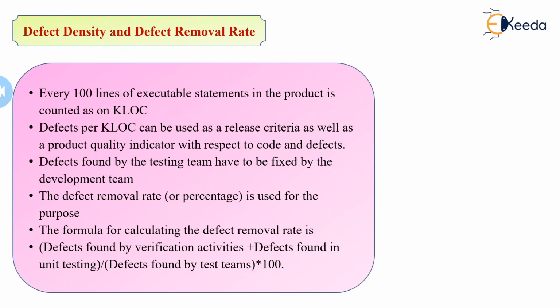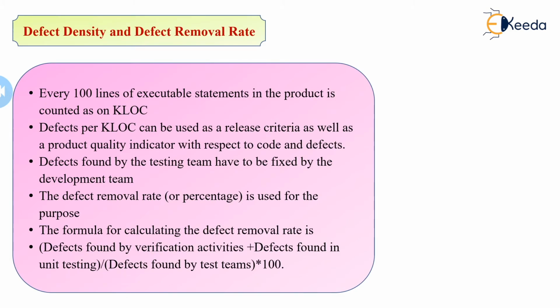Every 1000 lines of executable statements in the product is counted as one KLOC. Defects found this way can be used as a release criterion as well as a defect quality indicator with respect to code and defects. Here we are talking about defects found in the code.